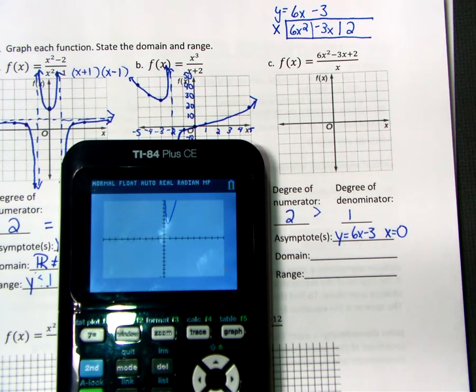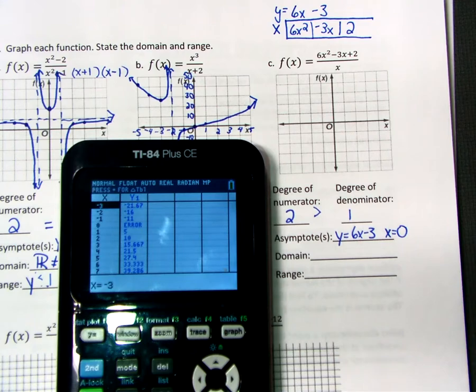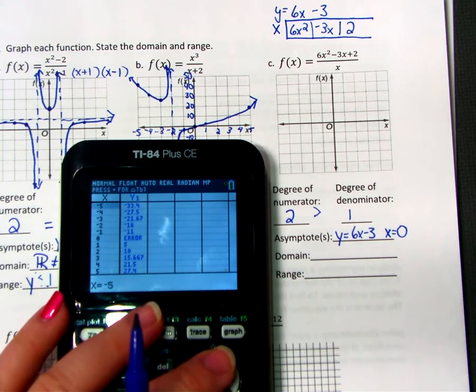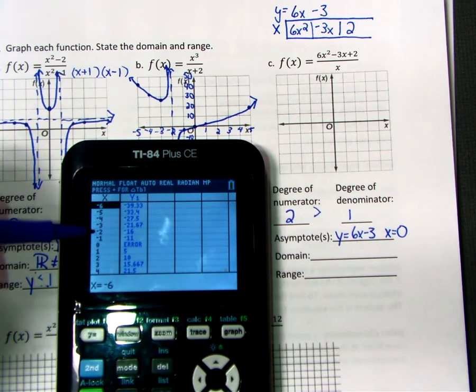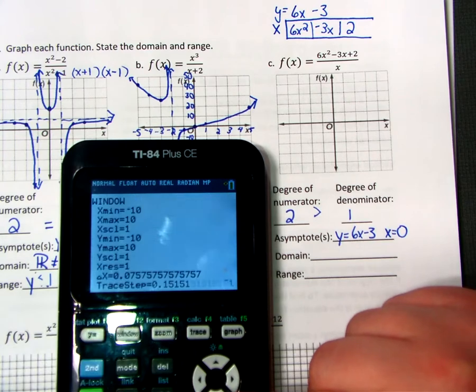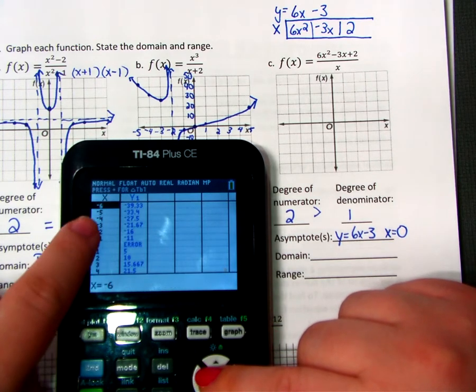But our calculator only goes from negative 5 to 5, or our paper only goes from negative 5 to 5. If you take a look at your window, or your table, we can see that I've got some other values here at negative 1 that I'm not including if I just go counting by ones. So I need to change those values to be something bigger, like negative 40 or negative 50.